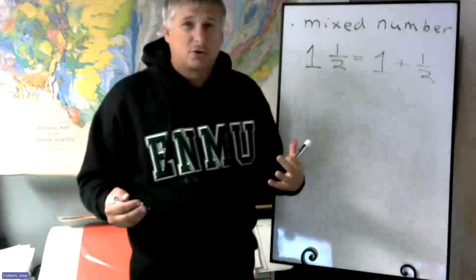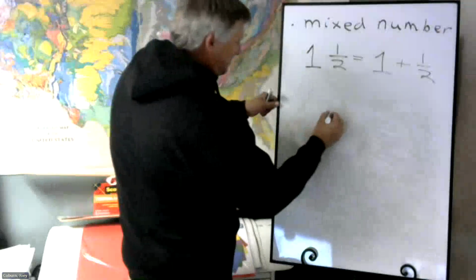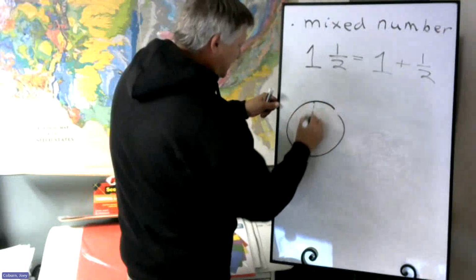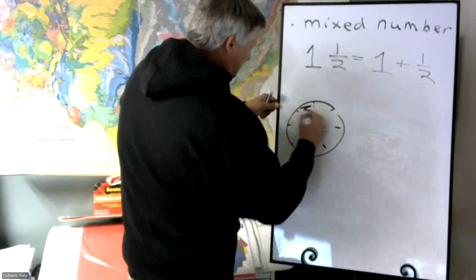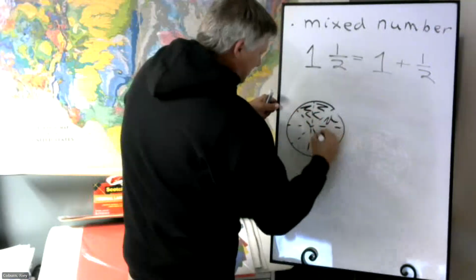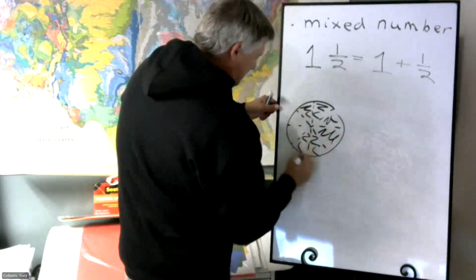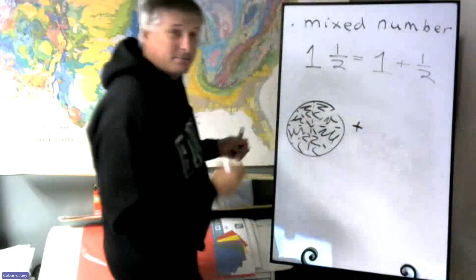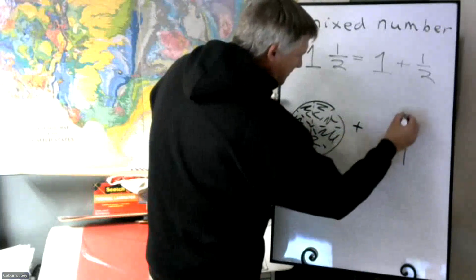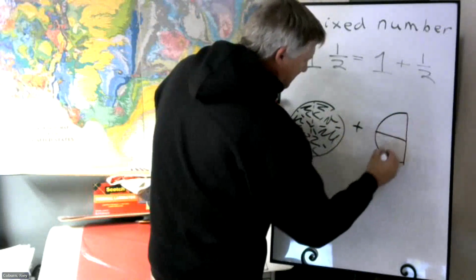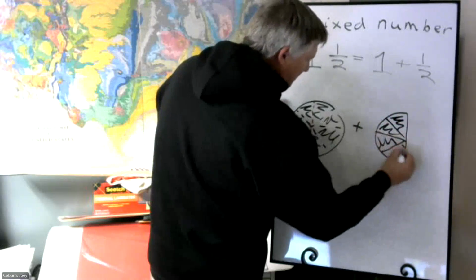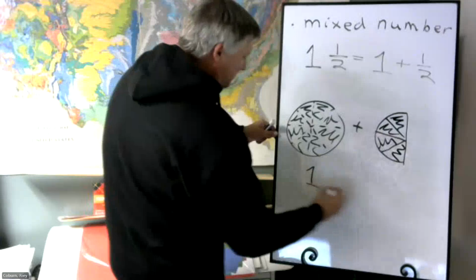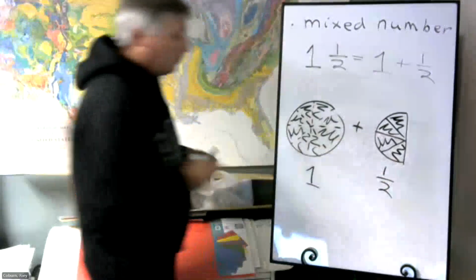So if we describe this in terms of pizzas, you might have a whole pizza here. And then we have half a pizza more. One and a half.